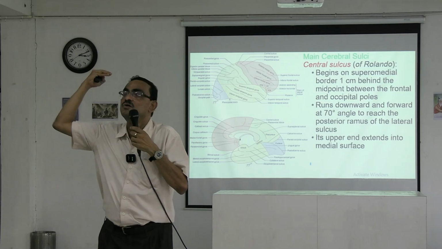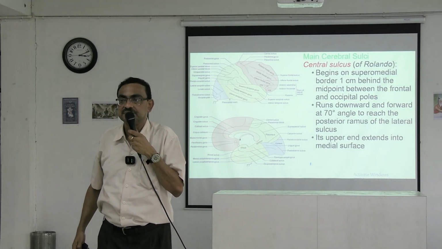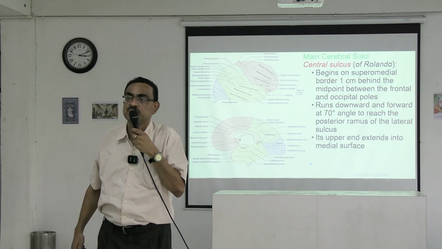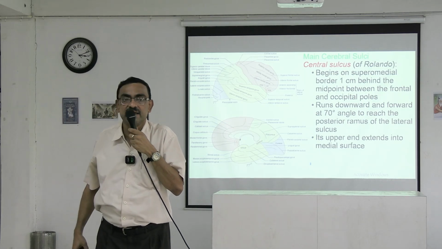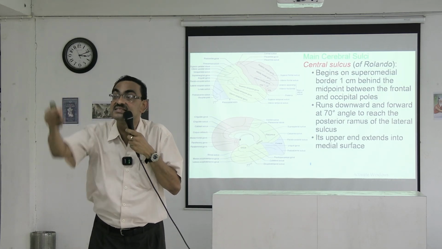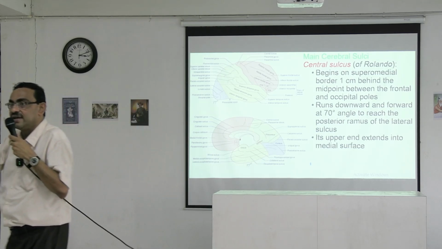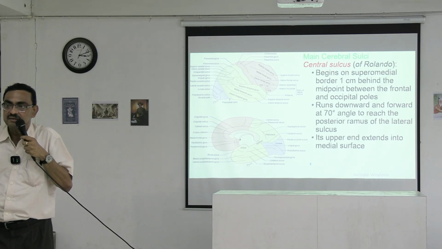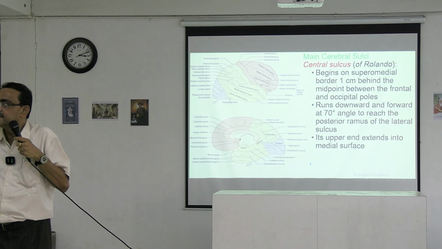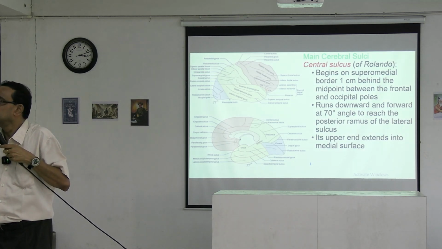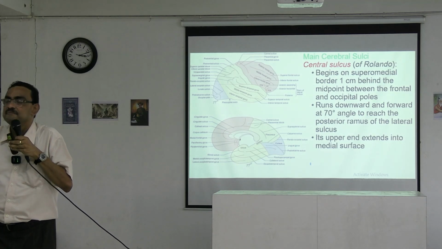Area 17 is the primary visual area. Area 18 is the secondary visual area. And 19 is more precise. Suppose in old age, what happens? The old people can identify the person, but cannot recollect his name.